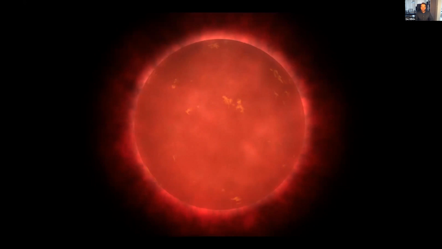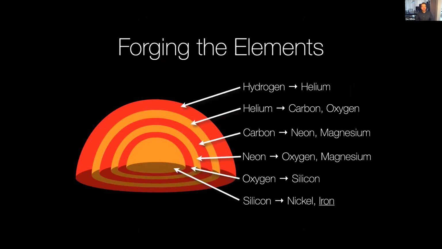In the center of that red giant, the crushing force from the gravity is the greatest, so the temperatures and the pressures are highest in the center, and it gets cooler and less dense on the way out. So our red giant ends up with a layered structure, producing all different chemical elements throughout its structure.